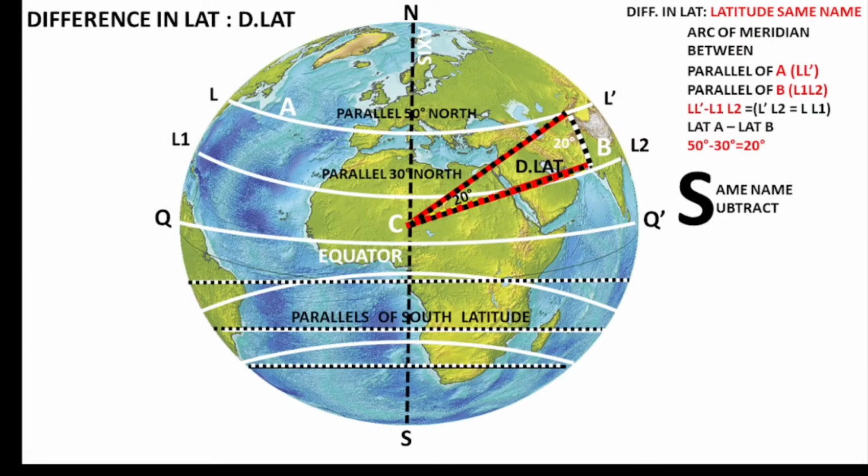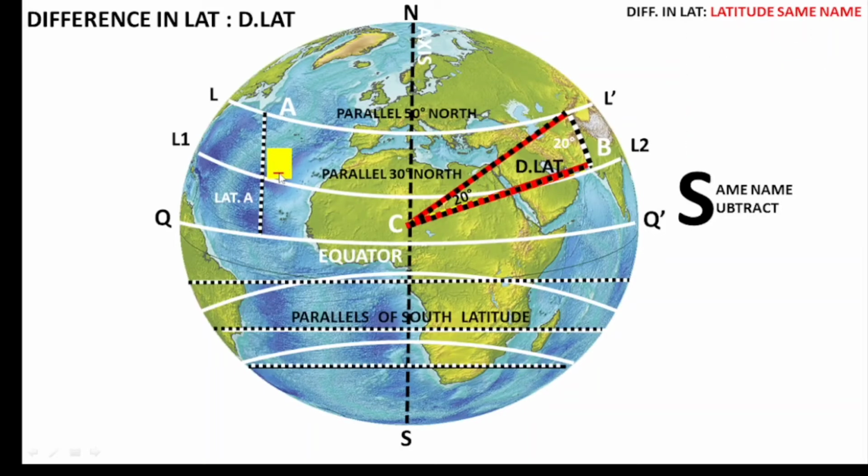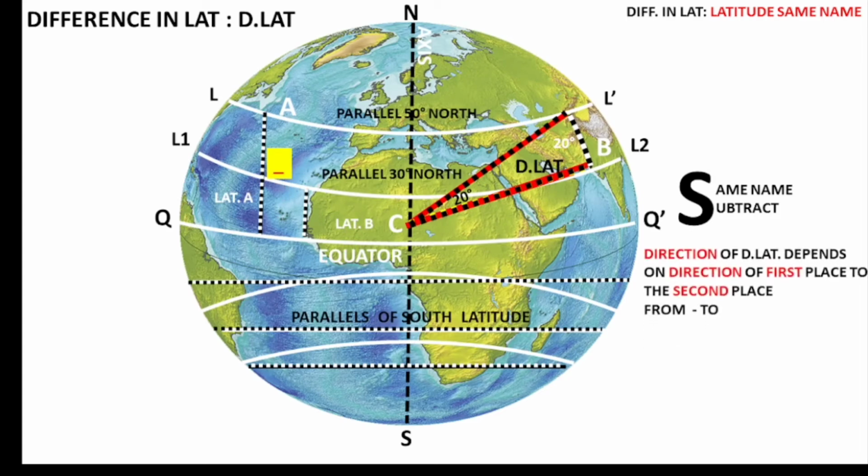And we just saw that if the latitudes had the same name, we subtract it. Same name, subtract. So this is the latitude of A, north, minus the latitude of B. So that's your d-lat. But the direction of the d-lat is important, as we talked about it in d-long.